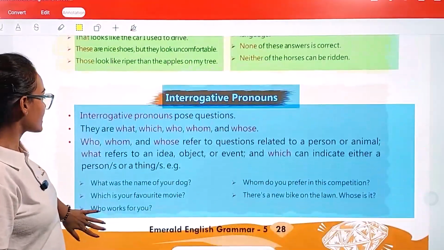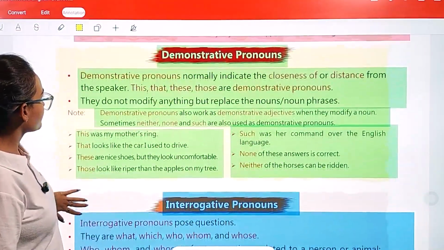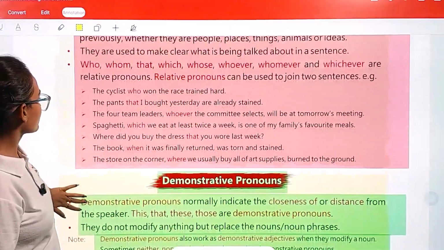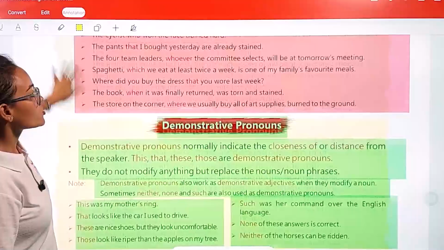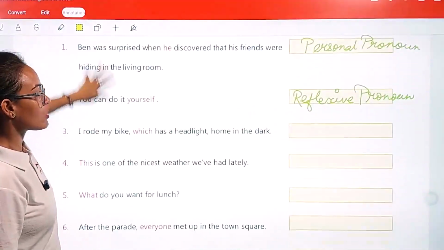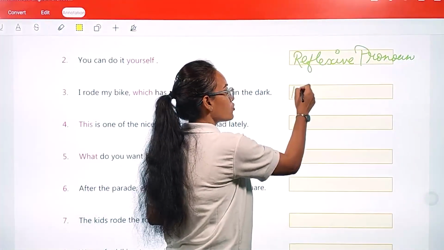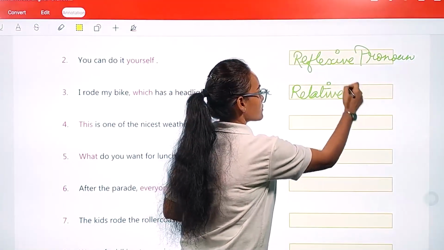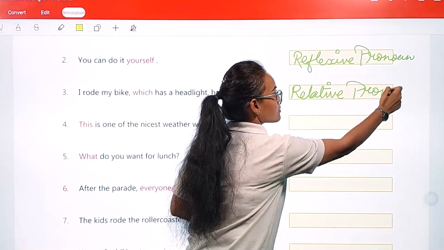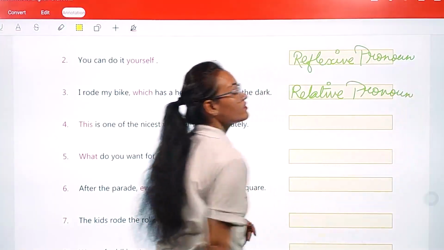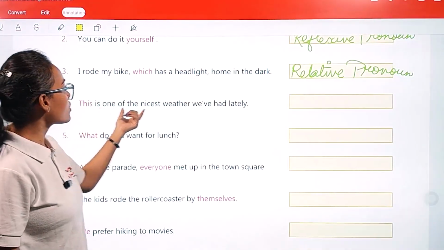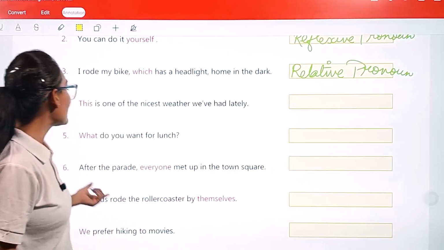Now, I rode my bike, which has a headlight, home in the dark. So which word came here? So it will be our relative pronoun. Relative pronoun. Okay. Then fourth, this is one of the nicest weather we had lately.